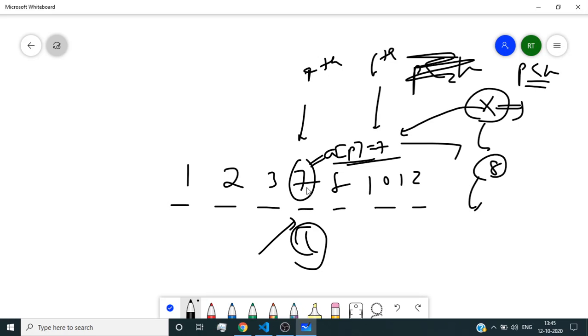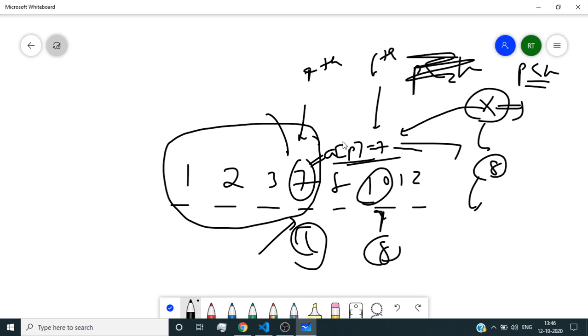Say I replaced this 10 with 8. The reason is we would not be able to change the structure from 1 to p by changing the element to an x which is greater than a of p.